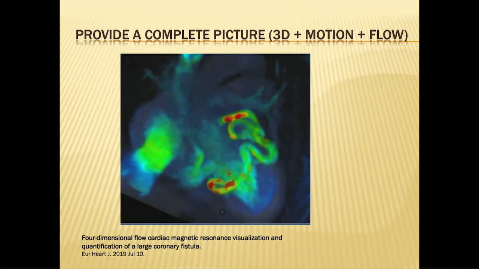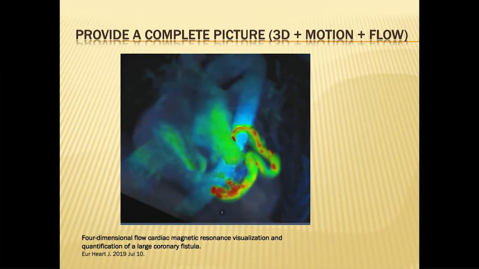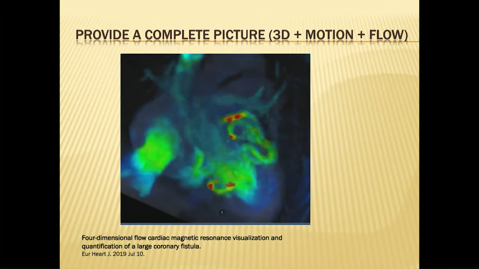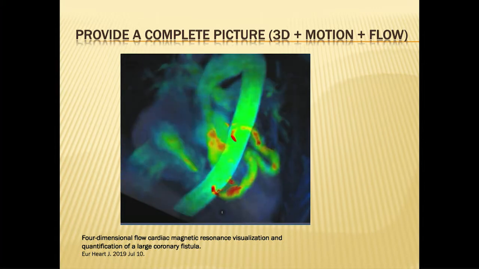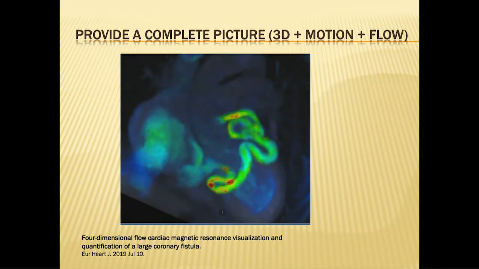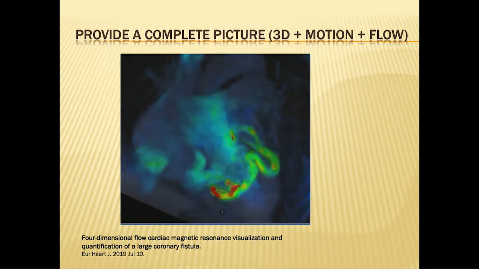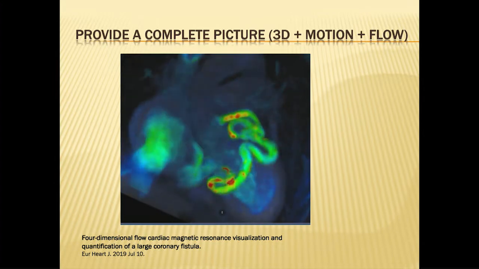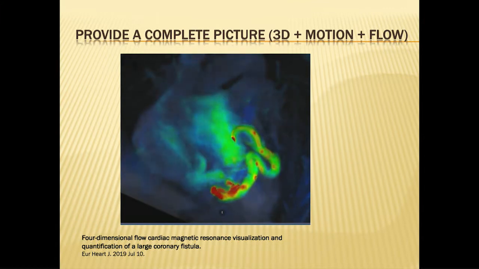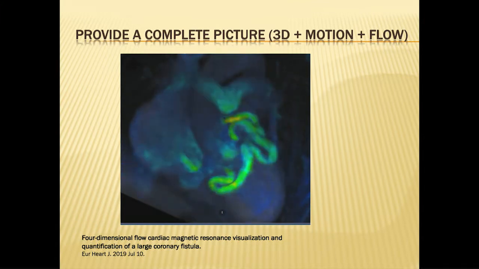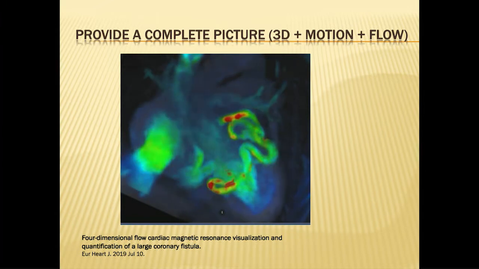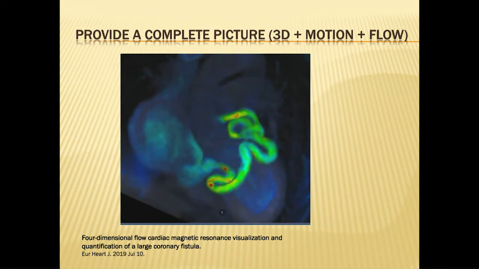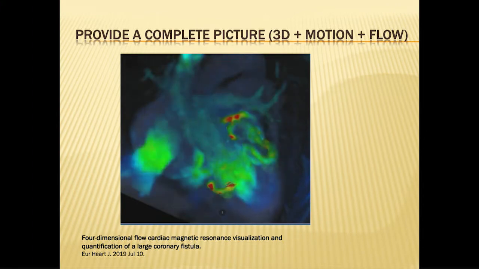This is a nice case. It was just published last month in European Heart Journal: a large coronary fistula between left coronary and right atrium. So everything is in the picture, the fistula, even the tricuspid regurgitation, and with this image we were able to calculate the shunt in a very precise fashion, and after the embolization, to follow the patient.